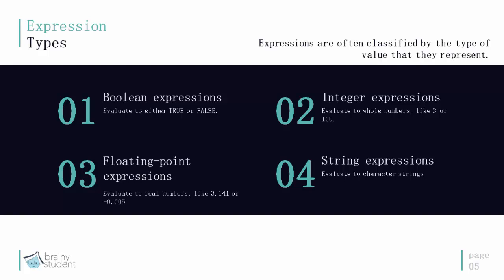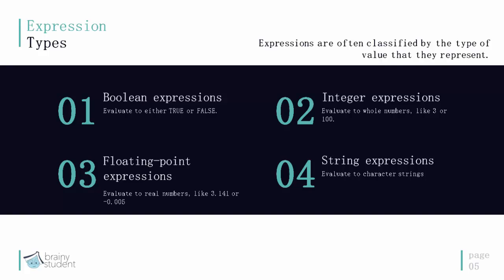Then we have floating point expression. A floating point expression evaluates to a real number like 3.141 or -0.005. All these things can be taken by a floating point. A floating point takes 4 bytes in memory. Approximately, after the decimal point, it takes 7 digits. So that is floating point expression.